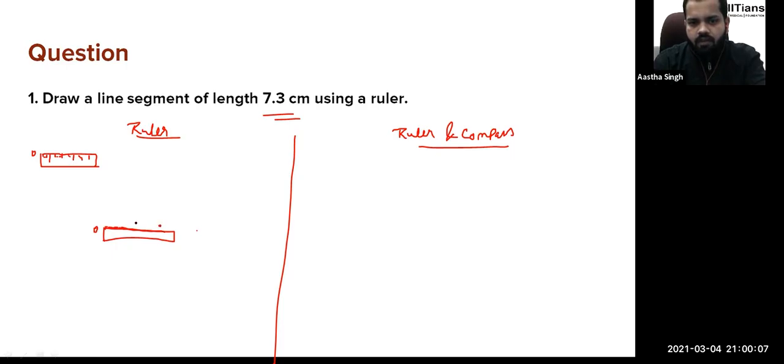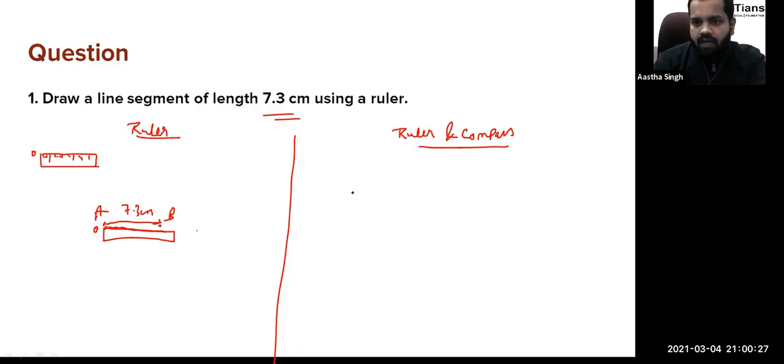Suppose here is your 7.3 centimeters. So this is A and B. This is your 7.3 centimeter length. It is that easy, right?